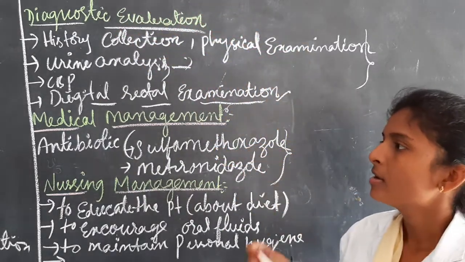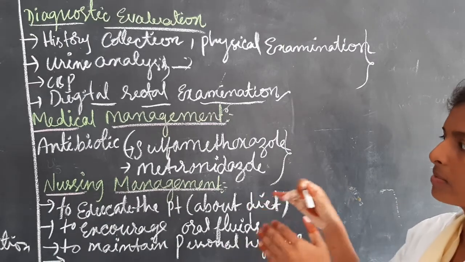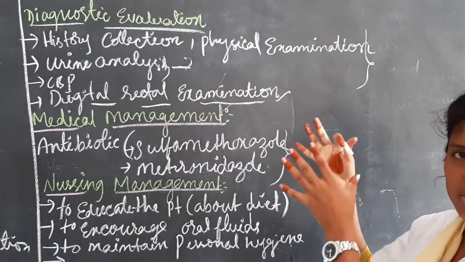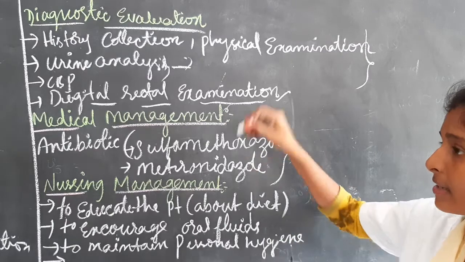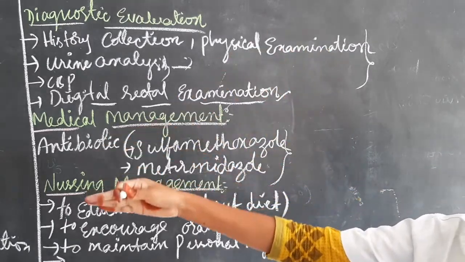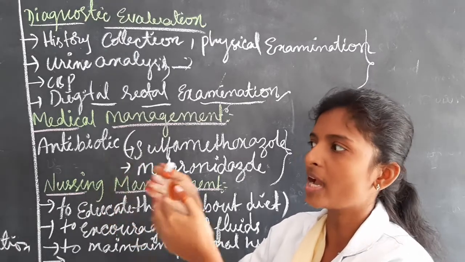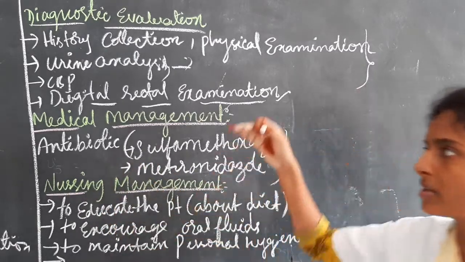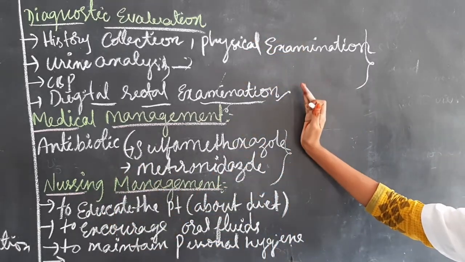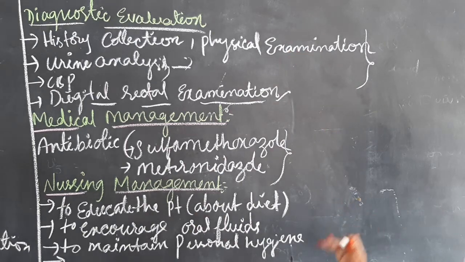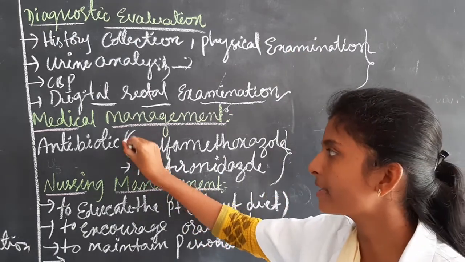Exactly now we cannot know which type of microorganism is occurring. In causes we have seen it may be the reason for urethritis, but after seeing the patient condition, depending on the microorganism, they will go for antibiotic therapy.